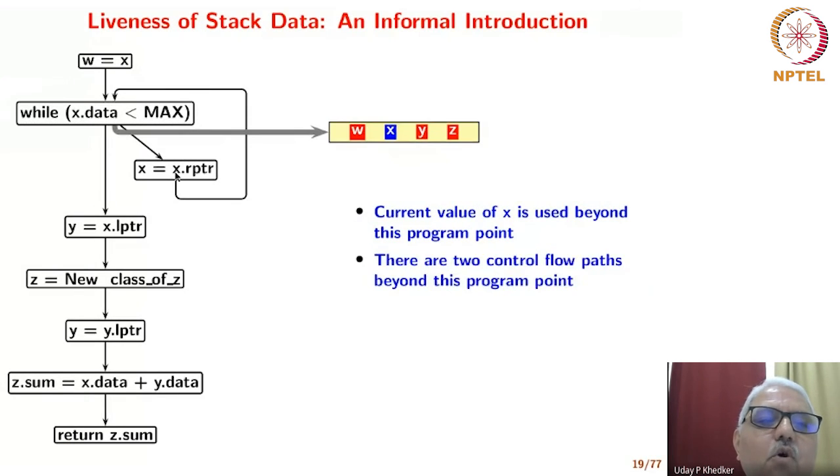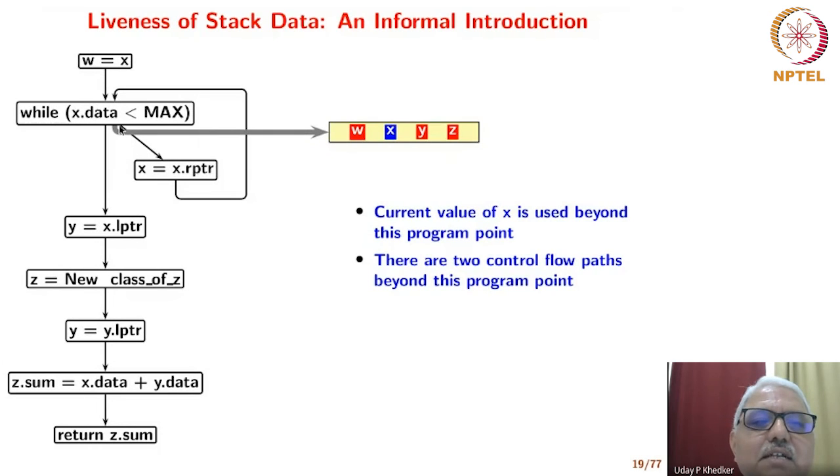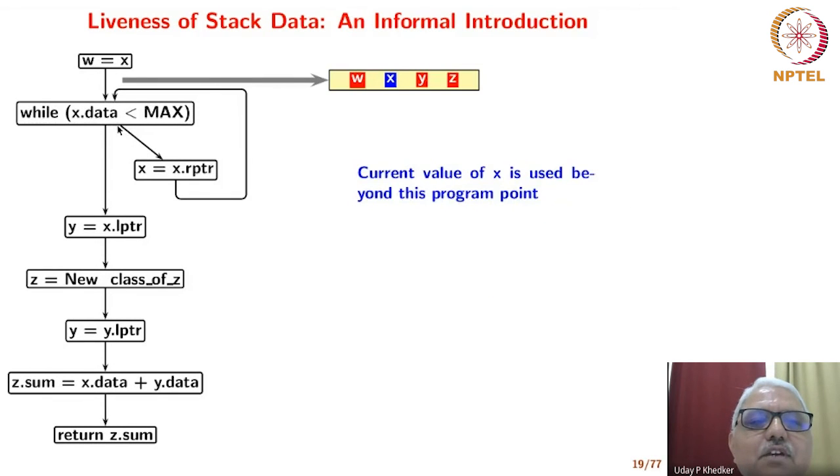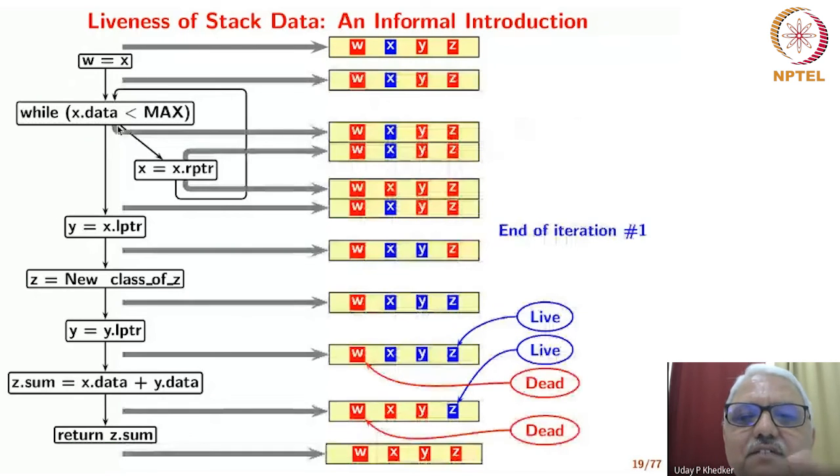Now, when we go to this program point, we find that we have the liveness of X coming in from here, we have the liveness of X coming in from here, and therefore we say that X is live here. As we go further, X is live. As we go further, X is still live. Okay, so this is the liveness information that we have computed.